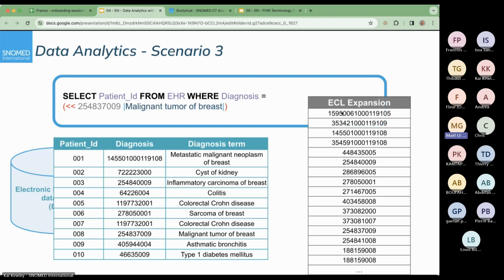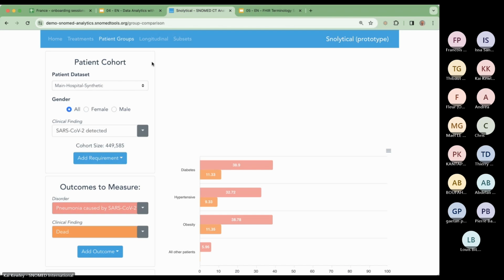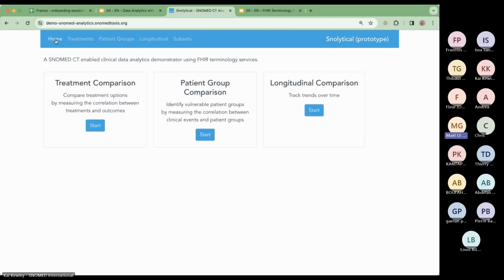So in reality, you'd need to do an ECL expansion against a FHIR terminology server, get some set of concepts. Maybe you'd create a temporary table and do a join, something like that. In the demo tool, we've got a document-based store. So we're using Elasticsearch, so we're doing it a bit differently. But that's the theory. All right, so we're going to go for the treatment comparison.